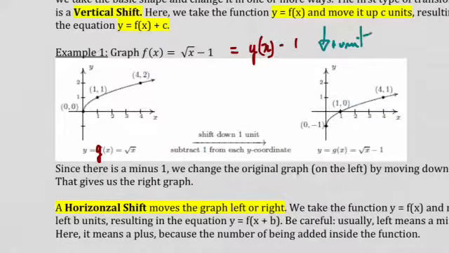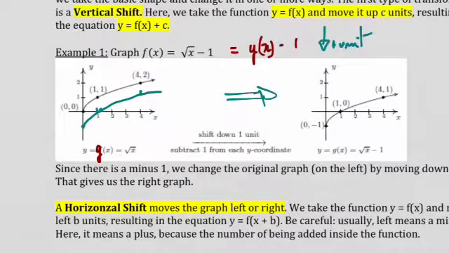The y of 2 is supposed to become 1, and the 0 in y is supposed to become minus 1. And this is why I now have this shift down 1 unit on this side.